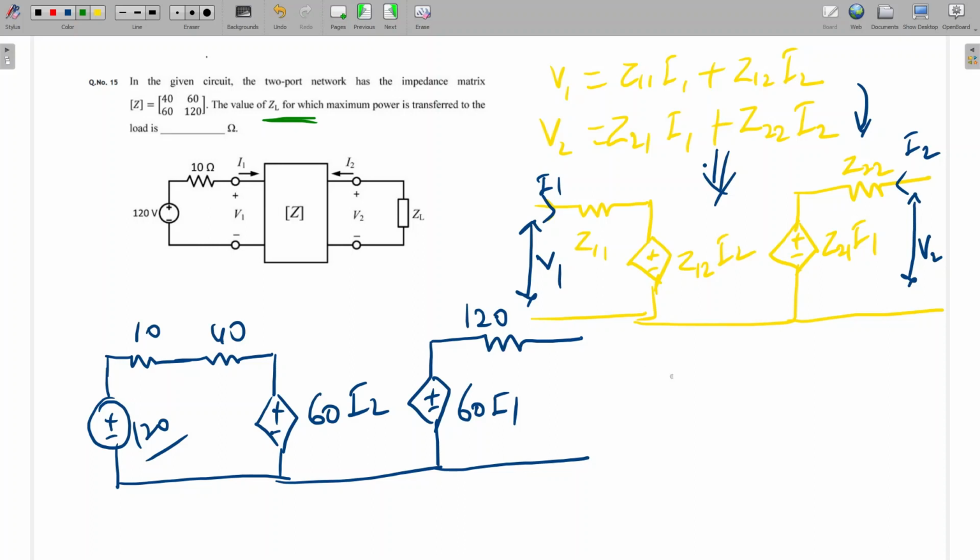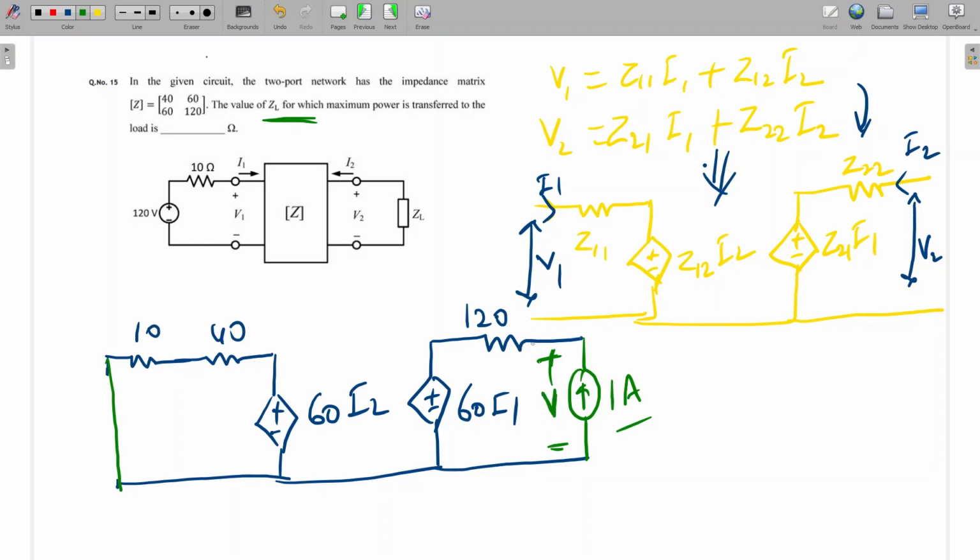If we are supplying an external current source, we have to remove whatever source is present in the circuit and replace it by its internal resistance. So the 120 volt source has zero internal resistance, so it will be shorted. I am shorting it here, and here I am just supplying a 1 ampere current source. Here we have to calculate the voltage V.